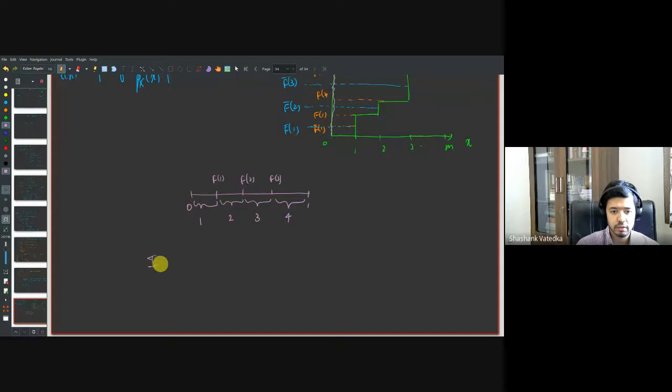So the interval corresponding to symbol I, between 1 and m, is basically the interval from f of I minus 1 to f of I, where f is my CDF. And f bar of I is the midpoint of the interval.